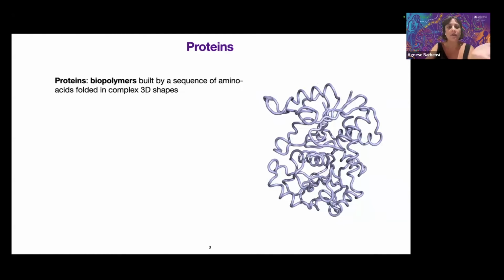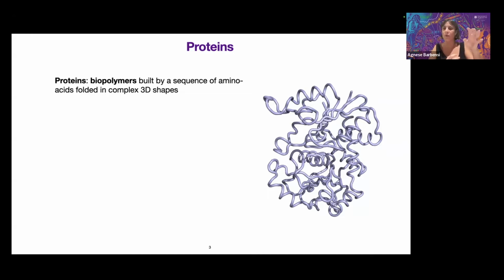And one of the perhaps simplest ways to think about a protein is by forgetting about all the complex biochemistry, biophysics of the system, and just focus on the chain of amino acids. So proteins are built by amino acids stuck upon each other, forming a chain and then folded to form these complex 3D shapes.